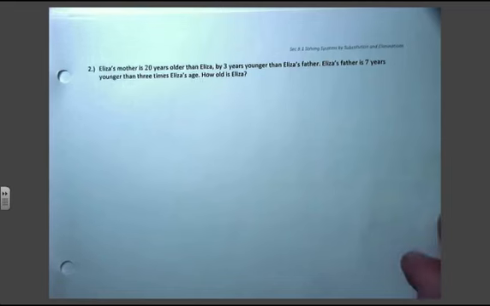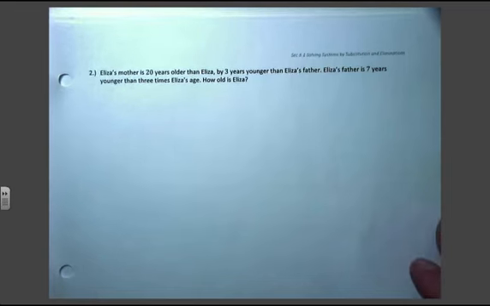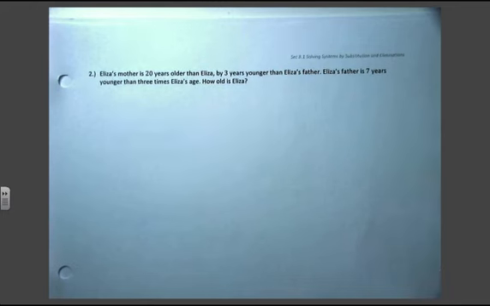Okay, so let's see if I can figure this thing out. First things first. If I'm going to do this problem, first I got to figure out the English on this thing. But the first thing I want to do is figure out, I need a variable.